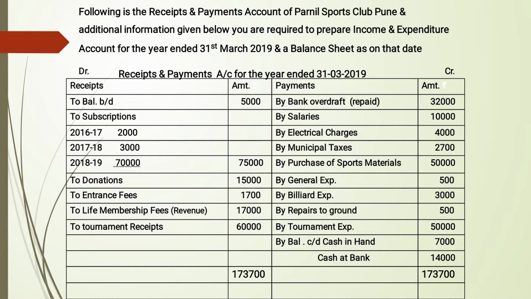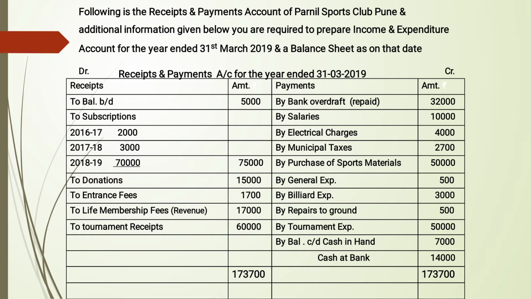By salaries 10,000, electrical charges 4,000, municipal taxes 2,700, purchase of sports material 50,000, general expenses 500, billiards expenses 3,000, repairs to ground 500, tournament expenses 50,000, and last item is by balance carried down, which is the closing balances of cash in hand, that is of 7,000, and cash at bank, that is of 14,000.